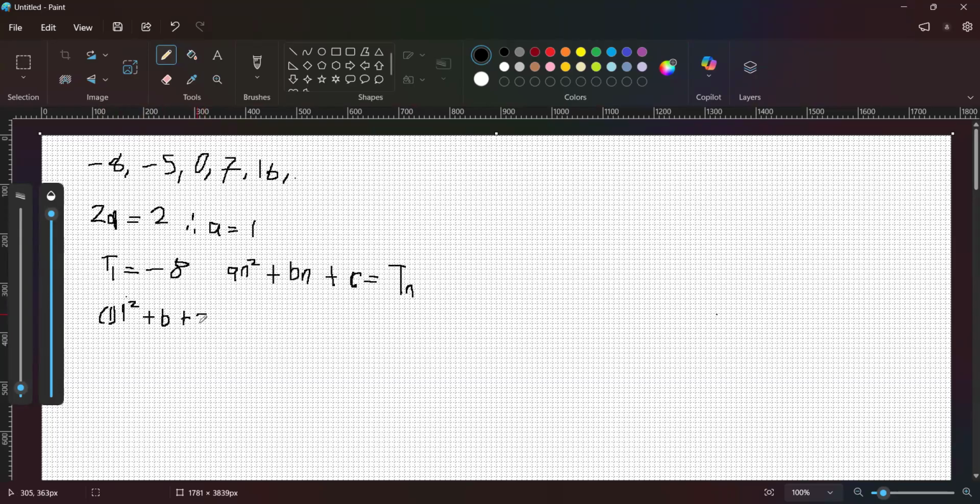It's not adding anything. All this is equal to T1, which is -8. So we can collect like terms, move the 1 over to make -8. So that means that therefore b plus c equals -9.